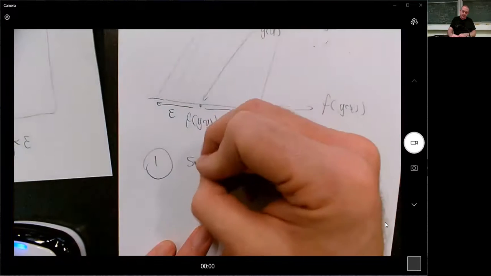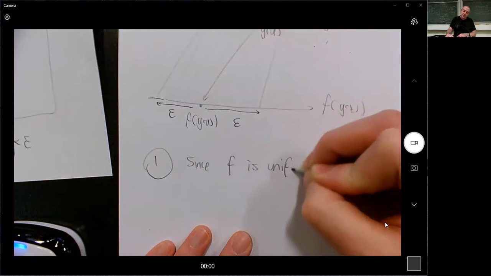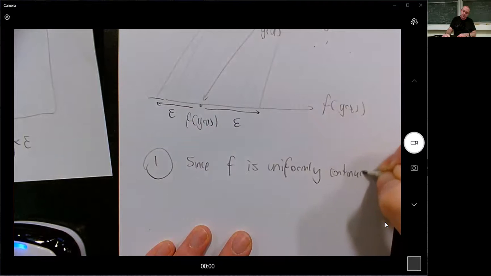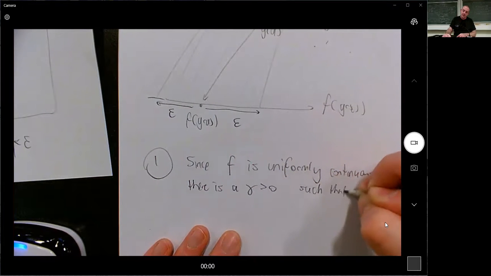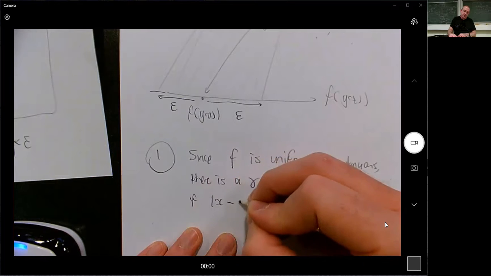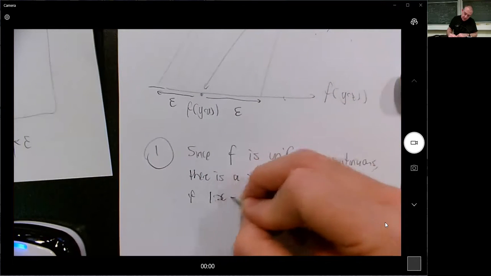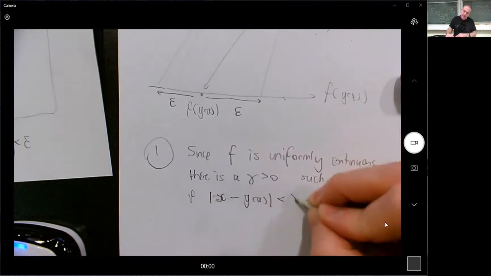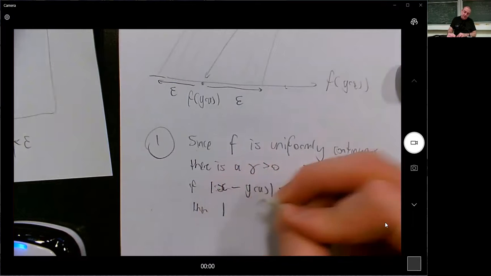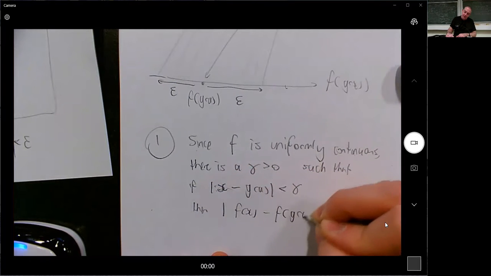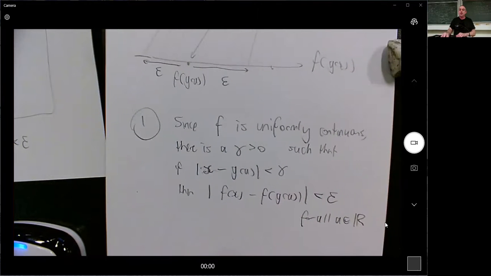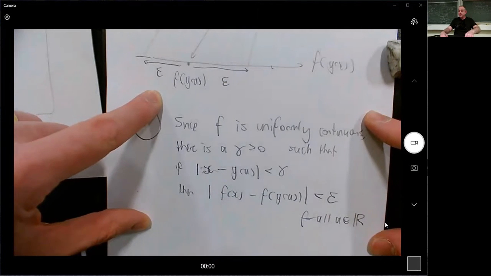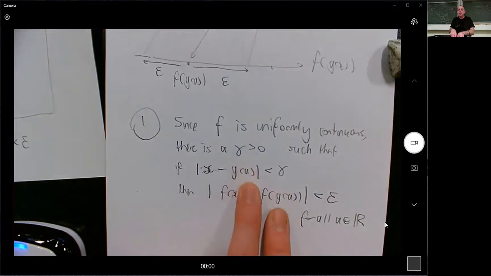Proof piece number 1 says that since F is uniformly continuous, there is a gamma greater than 0 such that if the distance between x and g of a is less than gamma, then the distance between f of x and f of g of a is less than epsilon for all a in R. So that's the definition of uniformly continuous for f, but with the point I'm interested in being g of a.